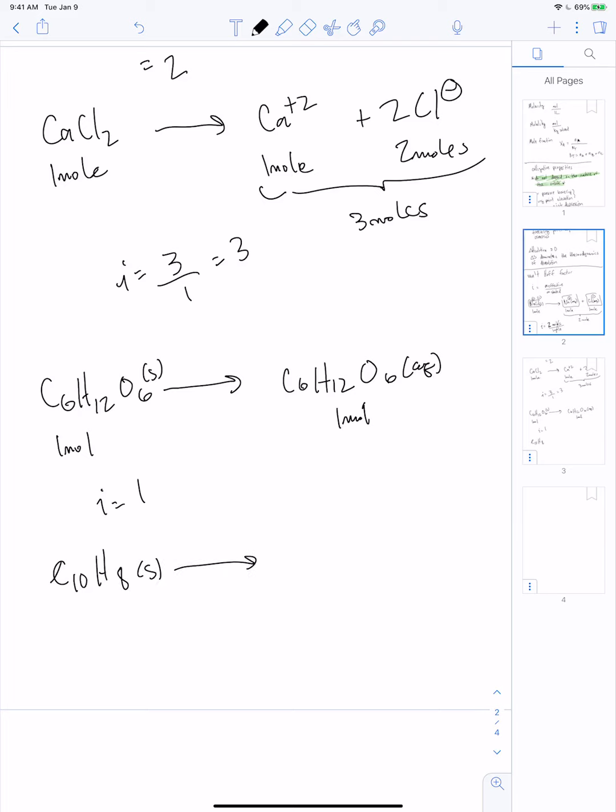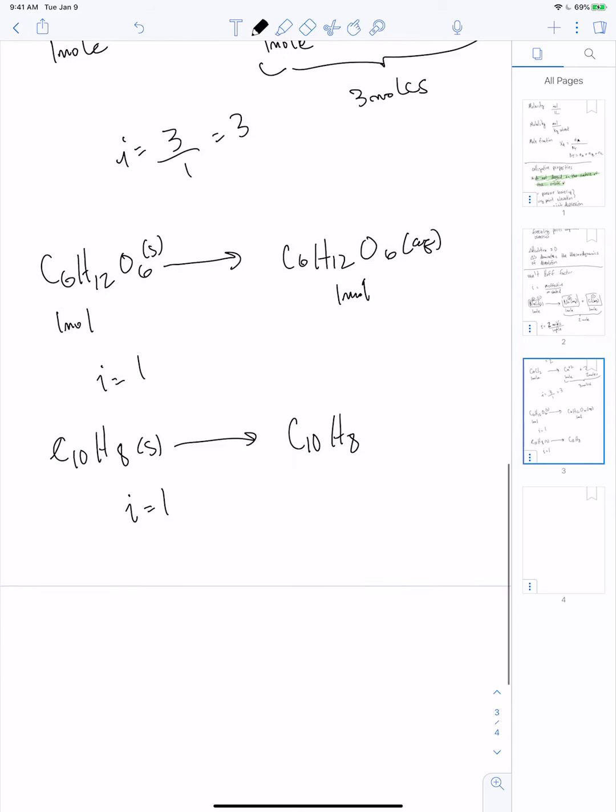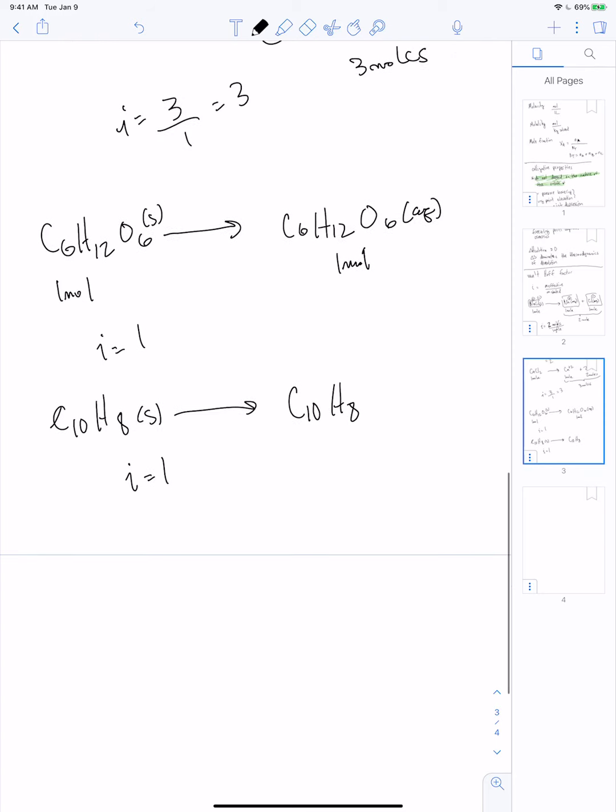Let's say you can't dissolve this in water, but you could probably dissolve it in, maybe, acetone. It doesn't matter. But then I dissolve it in acetone, an organic solvent. It's not aqueous. Let's just say it's solvated. What's our Van Hoff factor there going to be? It's going to be i equals 1. So dissolving organic molecules in organic solvents typically doesn't result in a Van Hoff factor that's greater than 1.